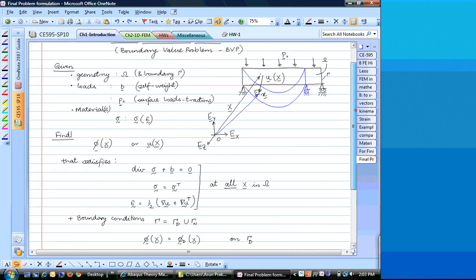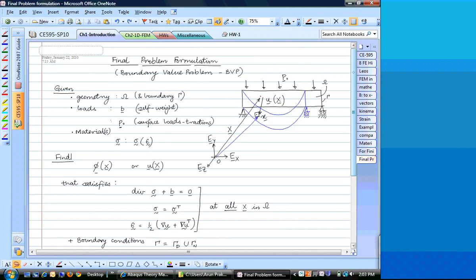So finally, the statement of the problem that we are trying to solve. Have we completed formulating our analysis problem? So if somebody gives us the geometry of our problem initially, they give us what loads are acting on our body, where B is again a body force, meaning some force that acts per unit volume.